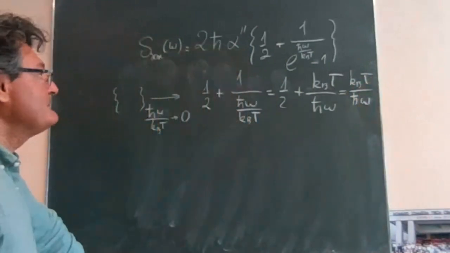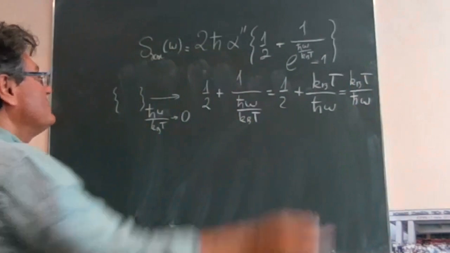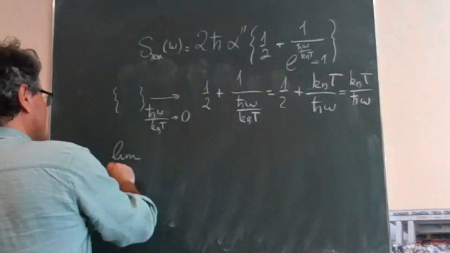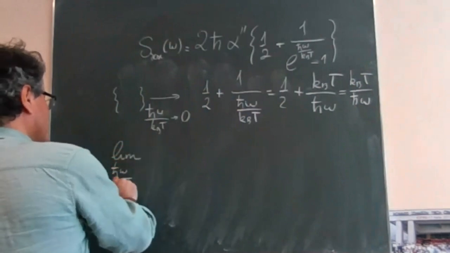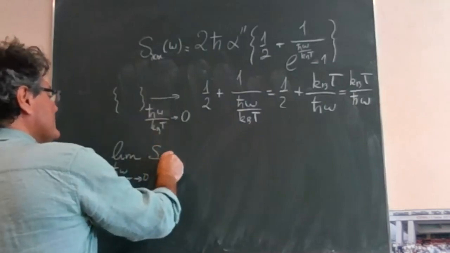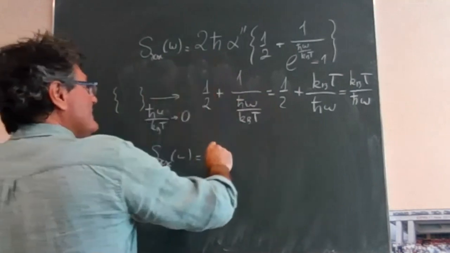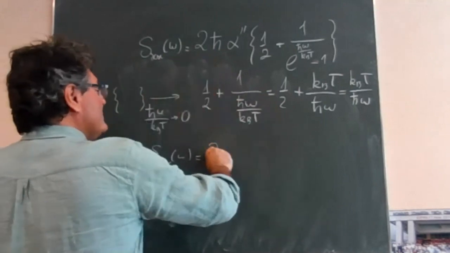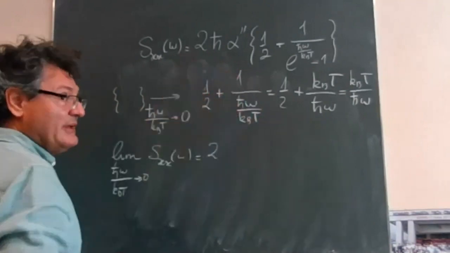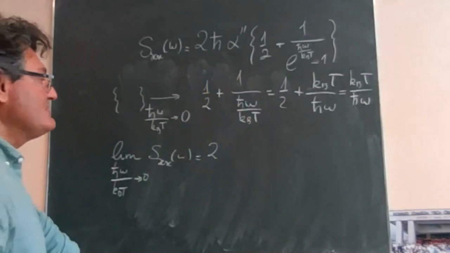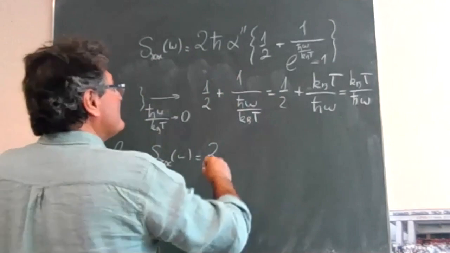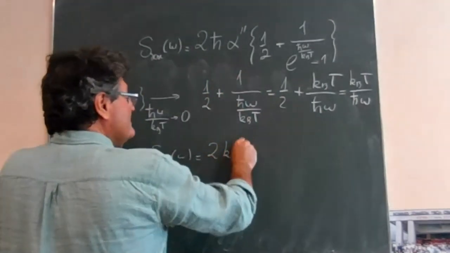Great. So then we replace it. So in the limit of h bar omega divided by kBT going to 0, Sx is 2. H bar goes away, which is kind of nice because it means that quantum mechanics is no longer important in our business.